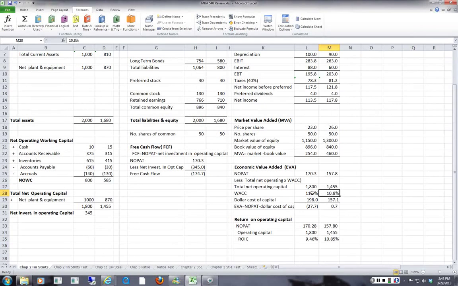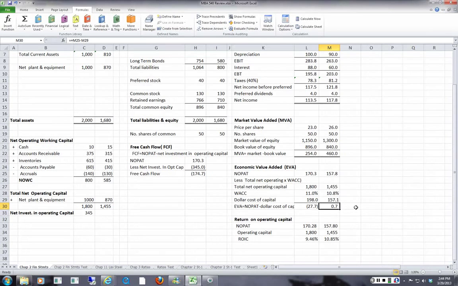So here, economic value added is NOPAT minus this dollar cost of capital, which is determined as 11% of $1,800,000. So EVA is a negative $27.7 thousand in 2010. In 2009, it's a positive $700,000.